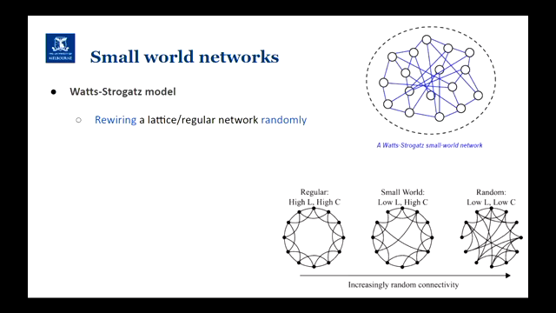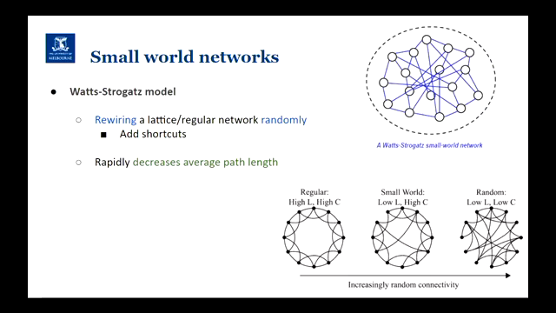So the basic idea is, considering a regular lattice, a ring lattice, we will do a rewiring of this lattice randomly. And the basic idea here is to add shortcuts. And what it does is, so when we go from a regular lattice and we keep rewiring it, it will rapidly decrease the average path lengths, including those shortcuts.